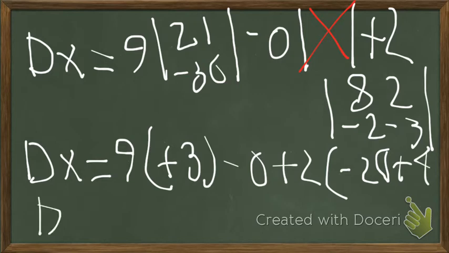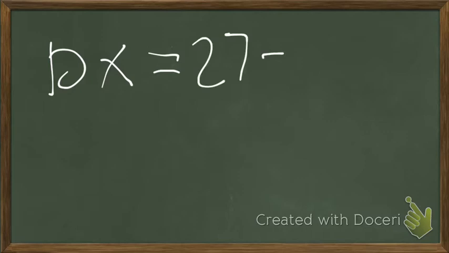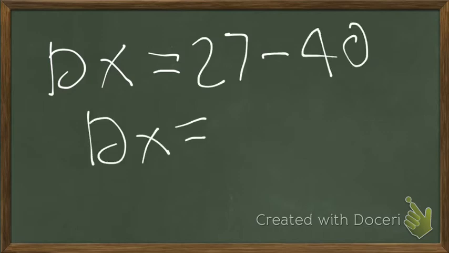Alright, and now we have dx equals 27 plus 2 times negative 20 right here, and we go to our next page to continue solving. dx equals 27 minus 40, and dx equals negative 13.